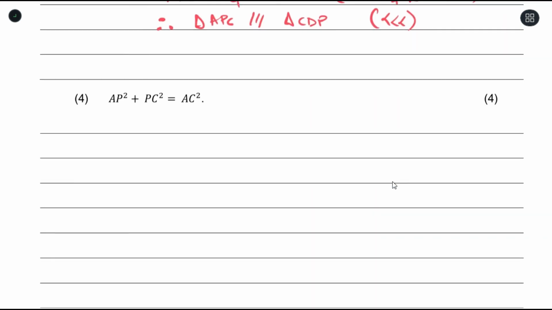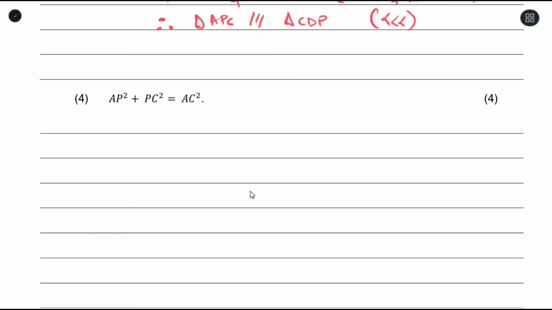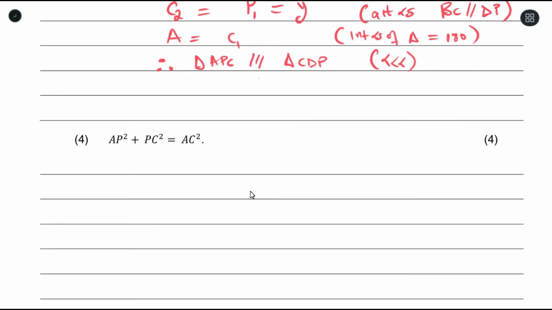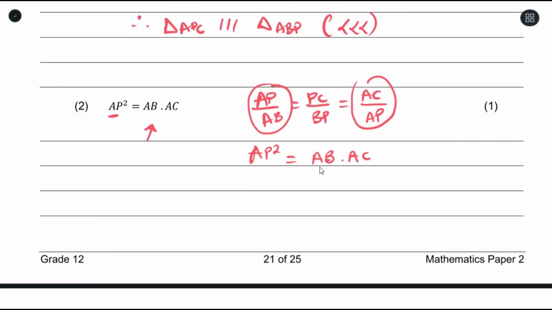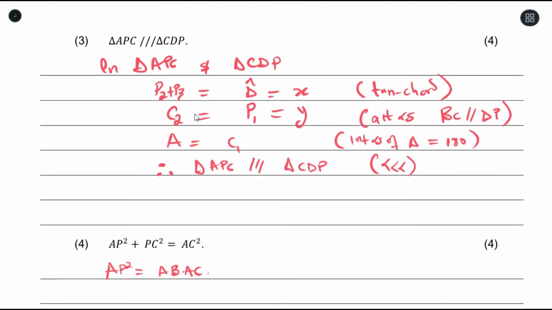Okay, now question 4. Question 4 says AP squared plus BC squared is equal to AC squared. So this reminds me of AP squared in the previous question, so I could say that AP squared is equal to AB times AC. Is that right? There we go.